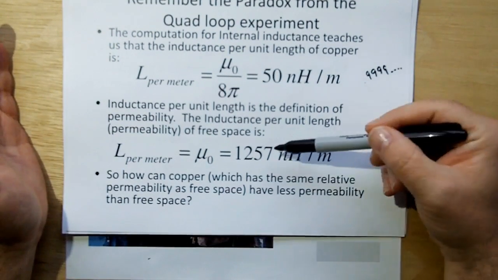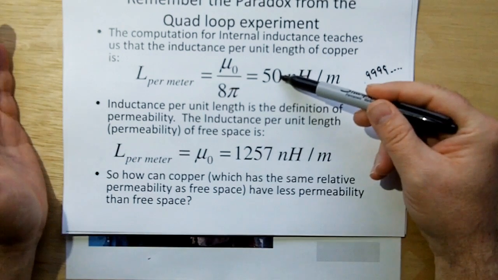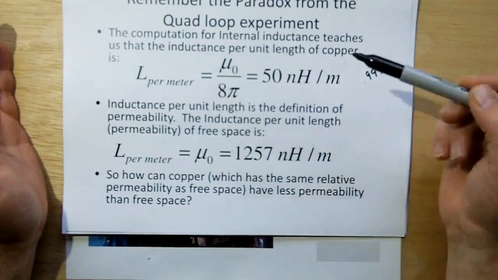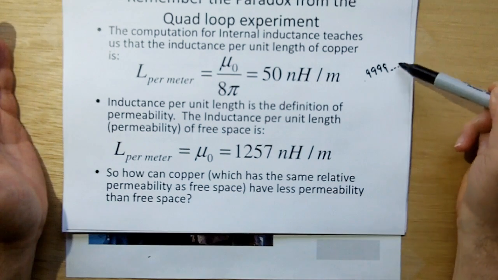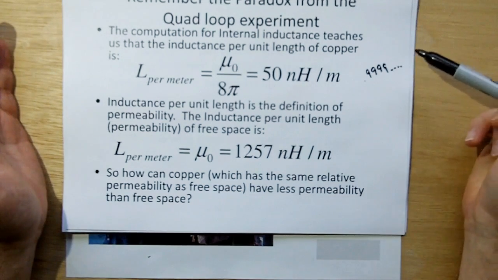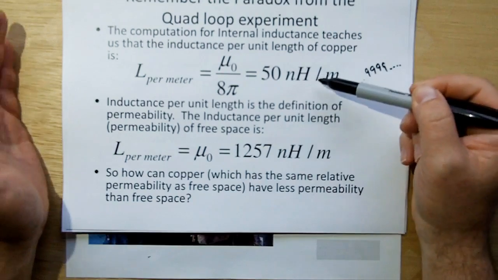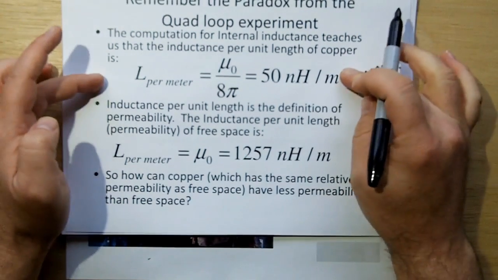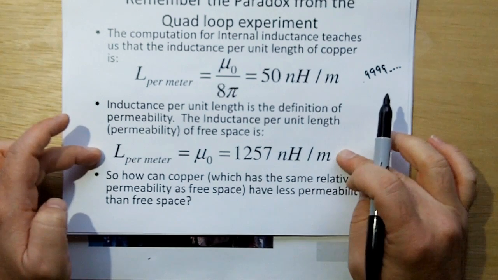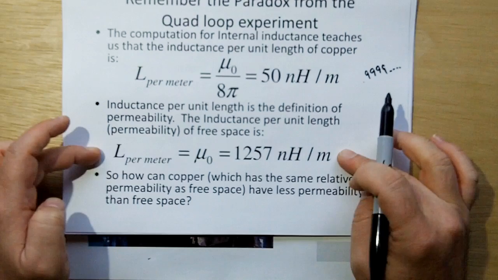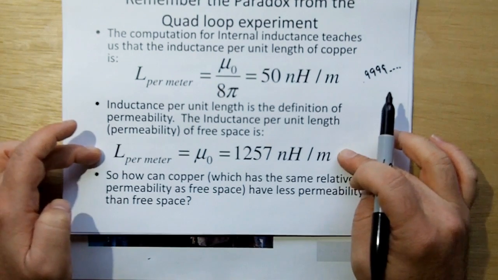It's definitely not a difference of a factor of 8 pi. It's very tiny. So this cannot be the correct model. There's no way that a derivation for inductance for wire can come out less than the permeability of copper itself, which would essentially be the permeability of free space.